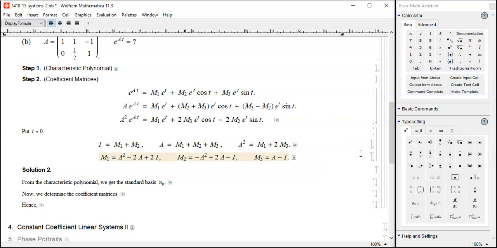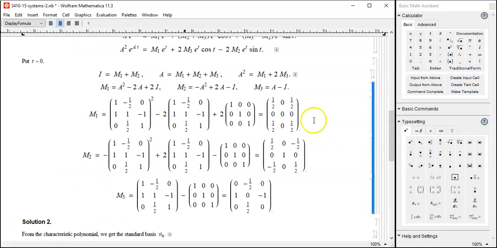I skipped a lot of tedious steps. And then calculate, we're going to get M1 is this, M2 is this, and M3 is that. Again, a lot of elementary, tedious computation. So A squared minus 2A plus 2I, minus A squared plus 2A minus I. Here, A minus I. All right, we have all those.